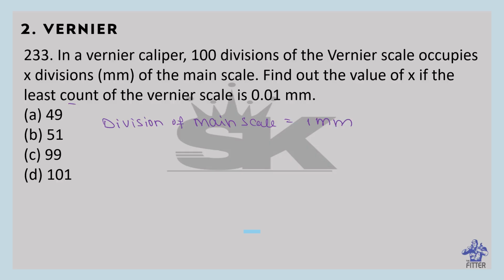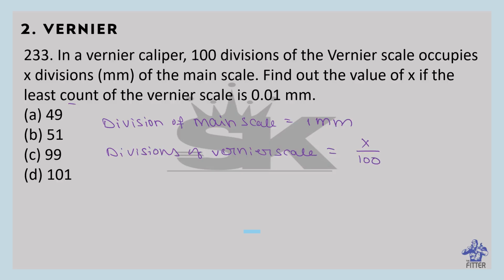So 100 divisions of the vernier scale equal x divisions of the main scale. So 1 division of the vernier scale equals x upon 100. Okay, x by 100.